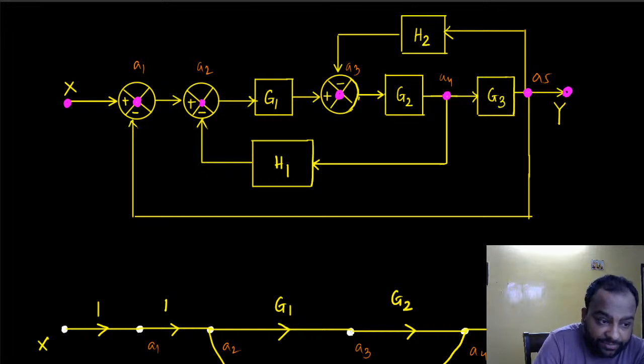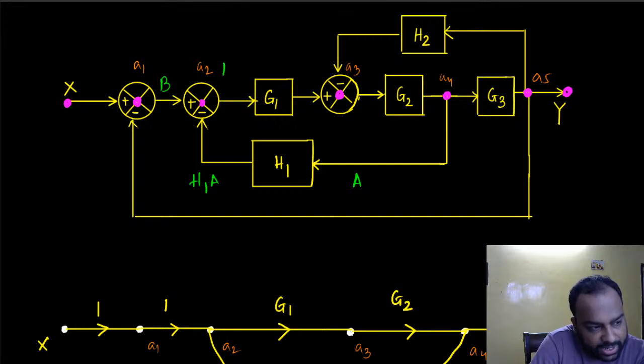Say for example, if this is A, then the signal that is going into this one is H1A, and say this is B. So whatever I have here is B minus H1A, because we have a subtraction here.